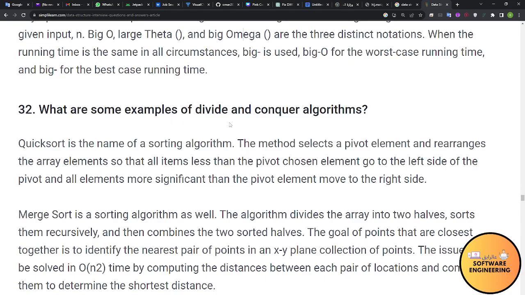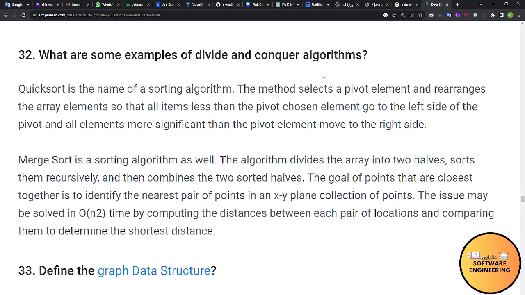What are some examples of divide and conquer algorithms؟ ايه هي بعض امثلة عن الالجوريزمز اللي بتستخدم divide and conquer؟ طيب الquick sort is the name of a sorting algorithm.